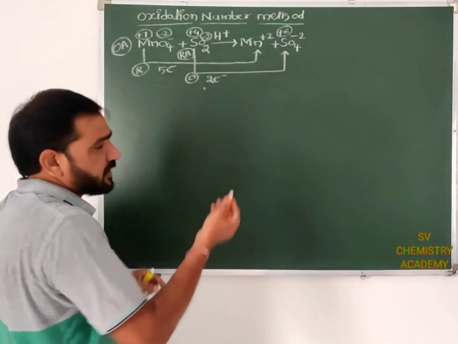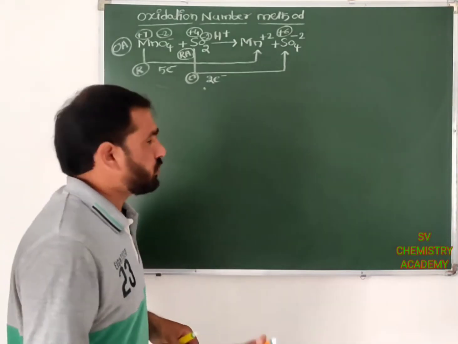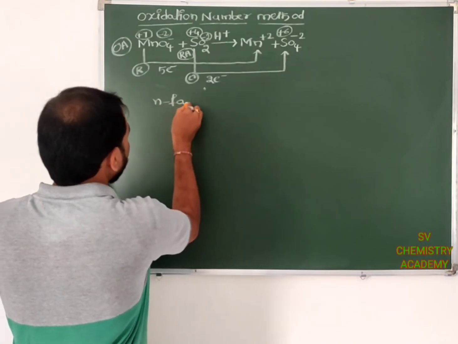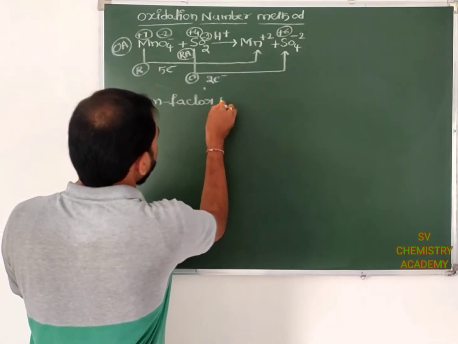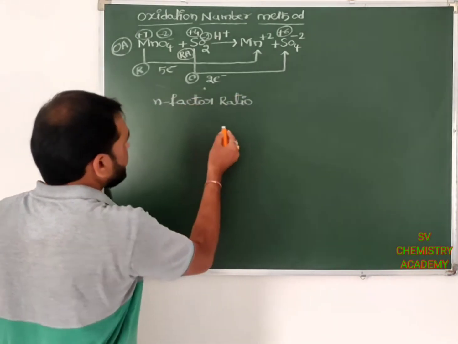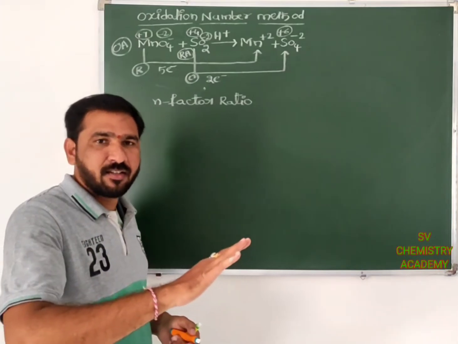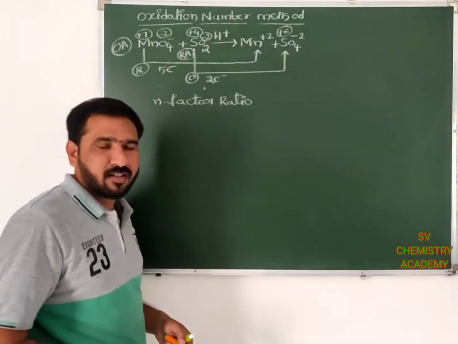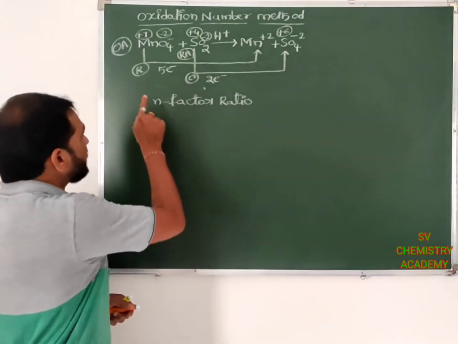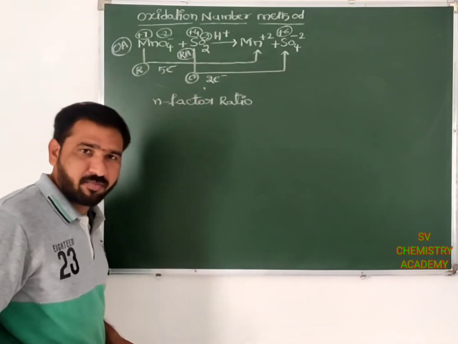So the n-factor ratio, that is the next step. N-factor ratio and molar ratio, that is very, very important. Here the n-factor ratio is the number of electrons participated in the first reaction and the number of electrons participated in the second reaction. No need to get confused. Sometimes here reduction, here oxidation; sometimes here oxidation, here reduction takes place.